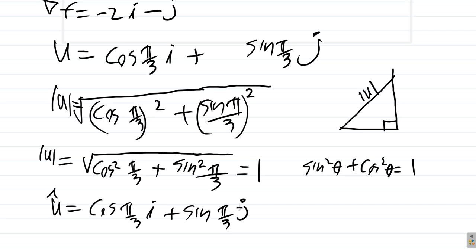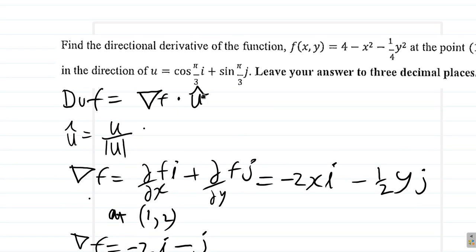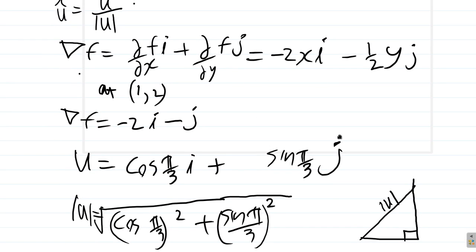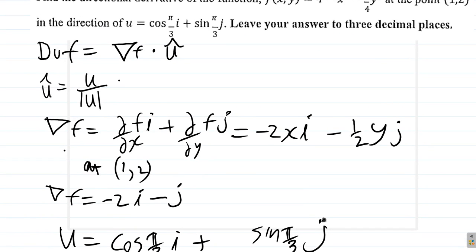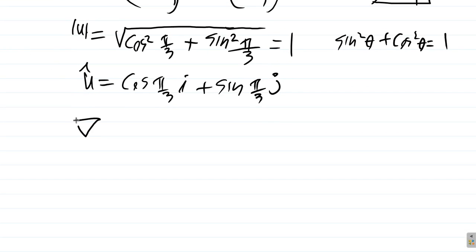Now, what we do is dot both of them. Let me write this part again: nabla f dot unit vector.